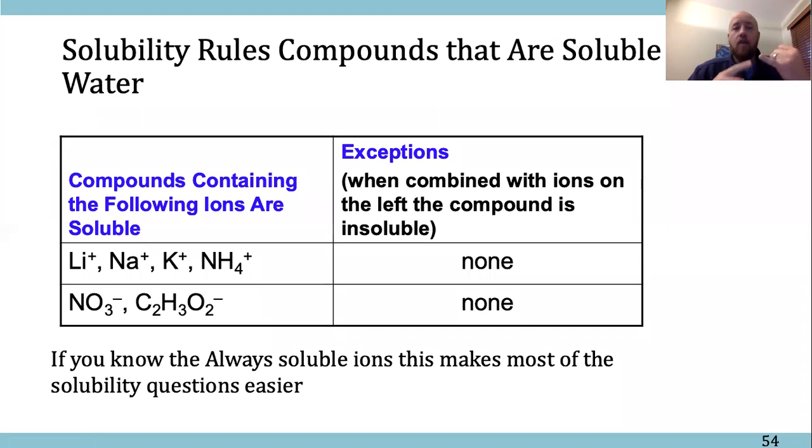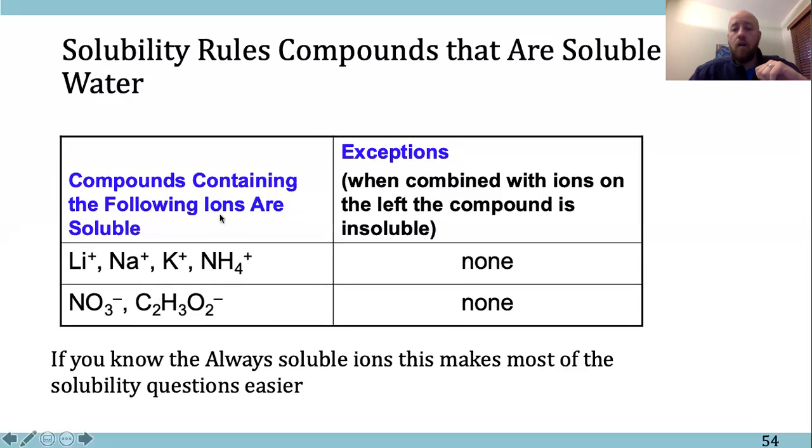Any compound that has these in it is going to dissolve. If the question is which ones don't dissolve, and a compound has any of these in it, that's not the answer. These are always going to be soluble. They will always dissolve.